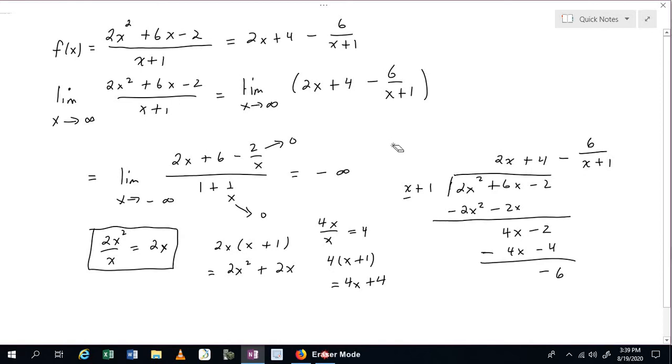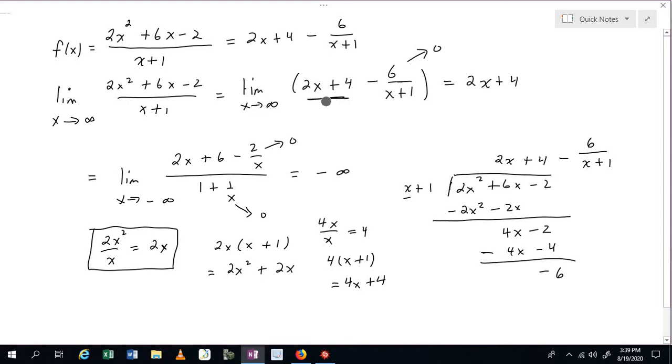Okay, all right, well look, I think it's pretty clear that this piece is heading towards 0, since x is getting larger and larger. So it's like 2x plus 4 minus a really small number. So it looks like this is getting closer to 2x plus 4 if you want to be very specific about what it's approaching. Now, I agree.